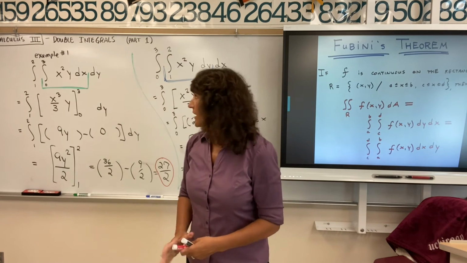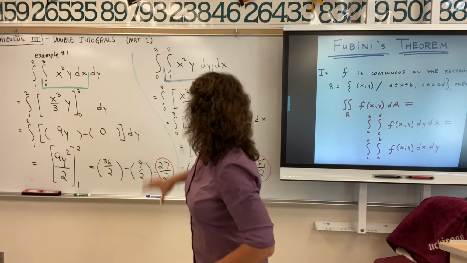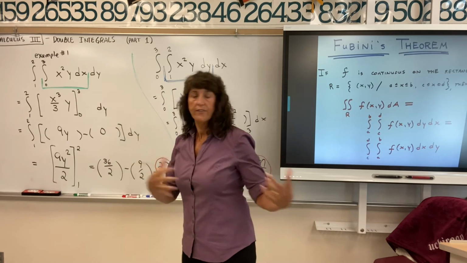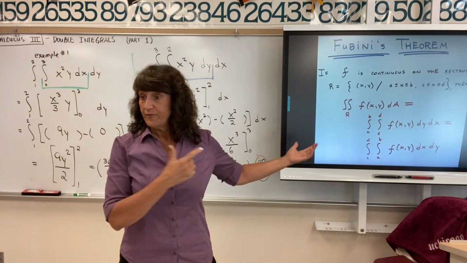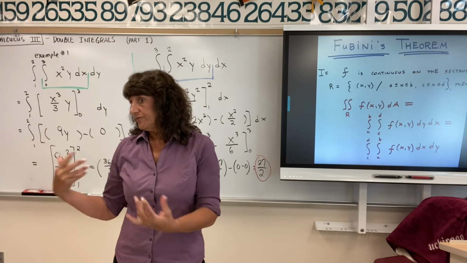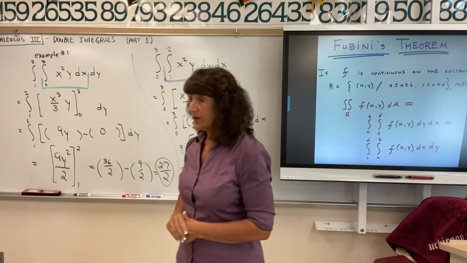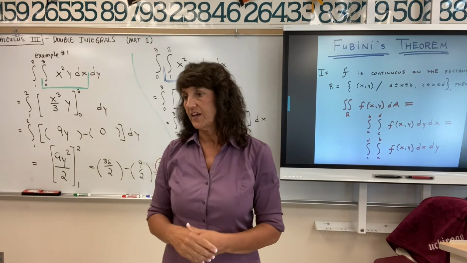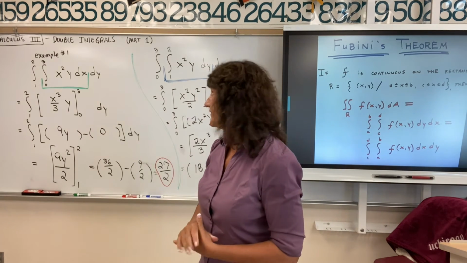Either way, it works because you have a continuous multivariate function over the given rectangle. So by Fubini's theorem, it doesn't matter if you do dx dy or dy dx, but you want to be careful because you can't always just switch the order of integration. But in this case, there's an example where you could switch the order of integration.